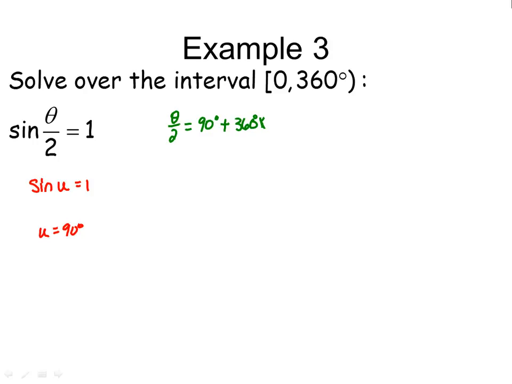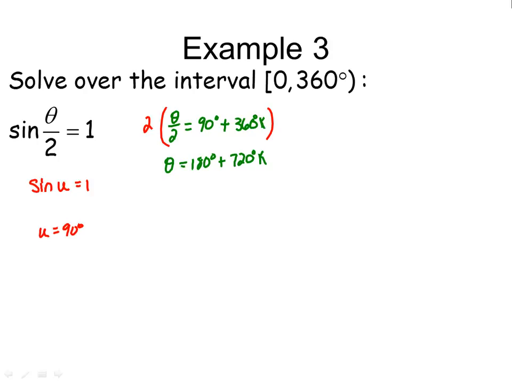But we're not looking for theta over 2. What are we looking for? Just theta. So we need to multiply by 2, right? So we're going to have theta is equal to 180 degrees plus 720 degrees k.